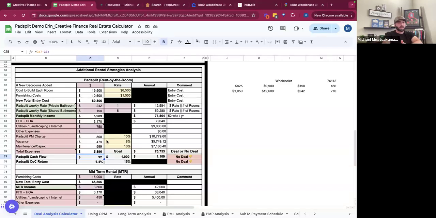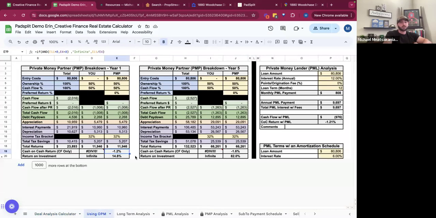Yes, there's reserves and all that, but I'm not going to artificially inflate my returns to assume, oh, I don't need to set aside vacancy reserves or pay a property manager. Maybe someone else will. It's up to you guys. And the cash return at 1.4%, those don't hit my metrics. I won't even look at a deal like that, let alone lend on a deal that just doesn't even work.